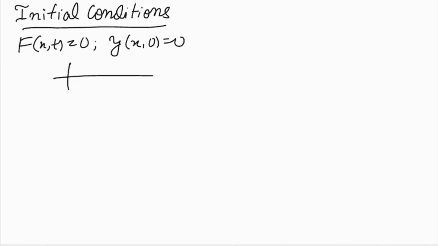That is, the string is just resting on the x-axis. And we say a similar thing about the velocity of the particles in the string: it must also be 0 at t equals 0.